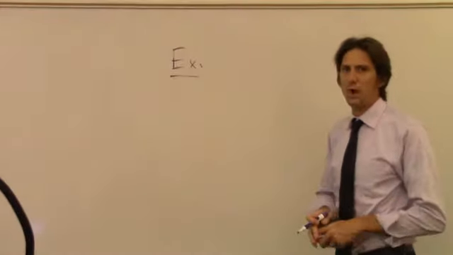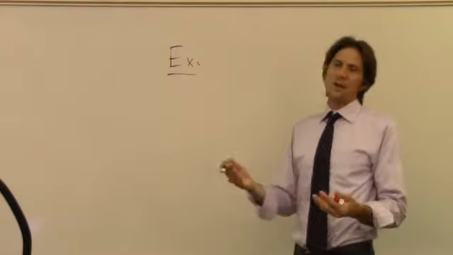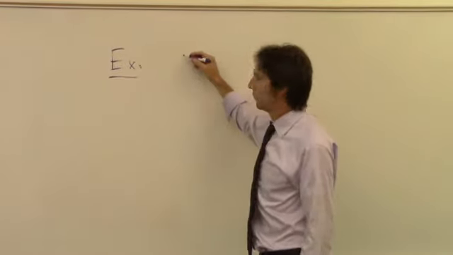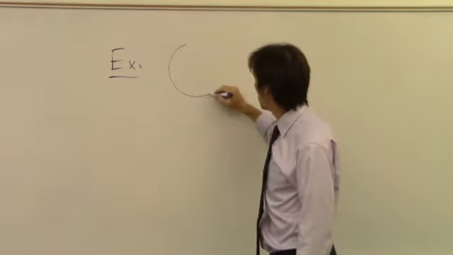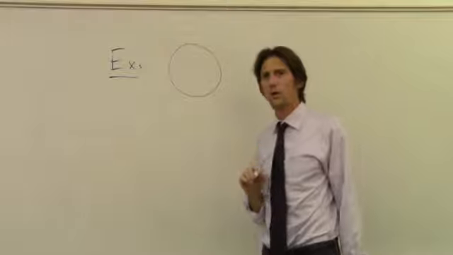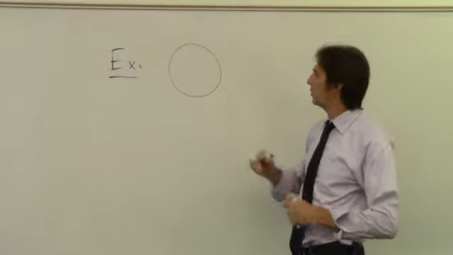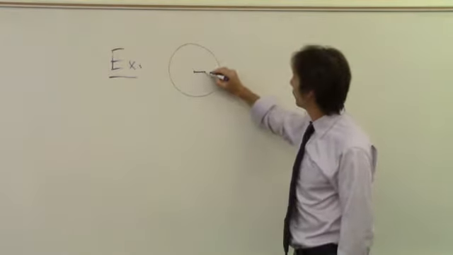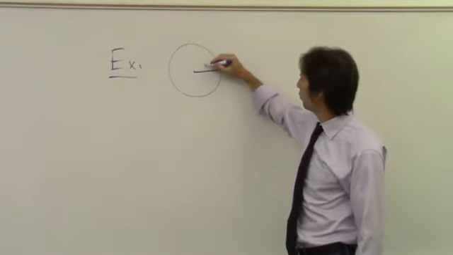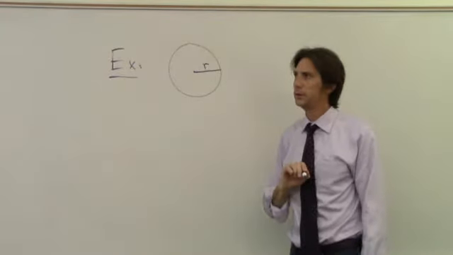Like with our previous problem, a diagram is probably not necessary for this question, but I'll go ahead and sketch one anyway. So here's our oil slick in the shape of a circle. The radius we're given in the problem is lowercase r.